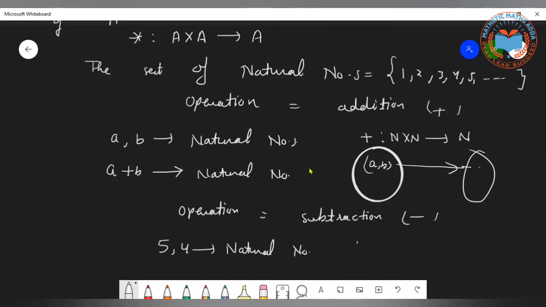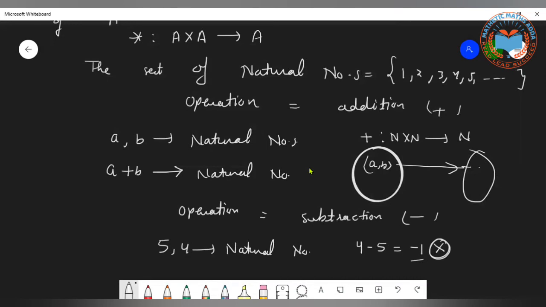Now, if I subtract 5 from 4, I will get -1, which is not a natural number. So in this case, we are getting a number which is not a natural number. Therefore, subtraction is not a binary operation in case of natural numbers.